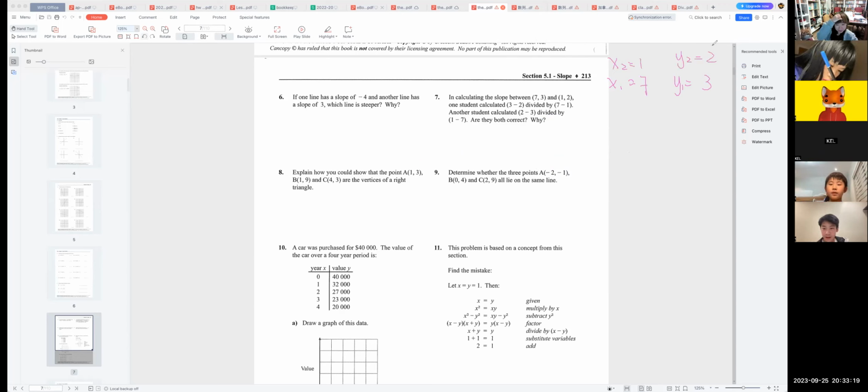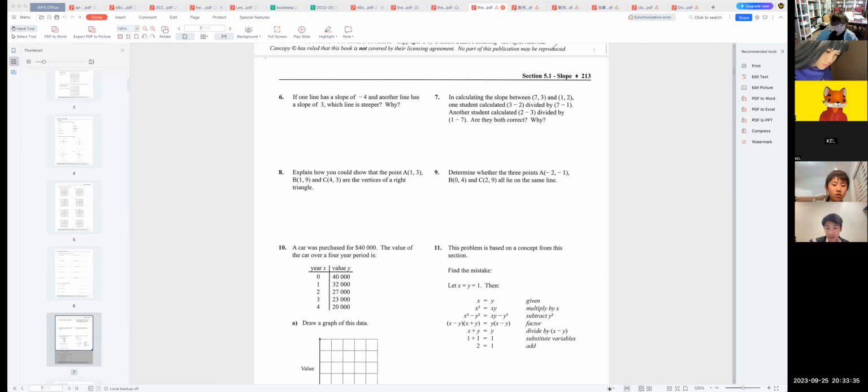Okay, don't trust yourself too much. So it's y2 minus y1 over x2 minus x1, right? So it's 2 minus 3 over 1 minus 7. 这样你就永远不会错了。Can you get it?